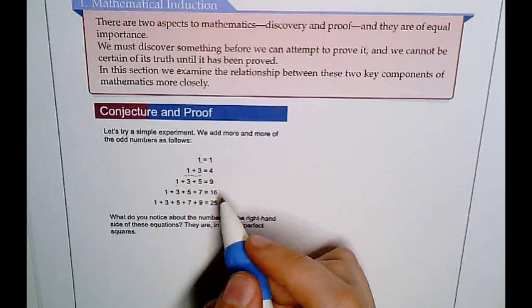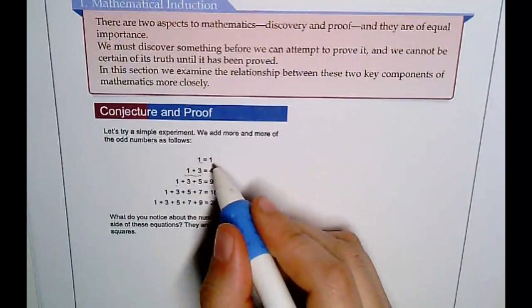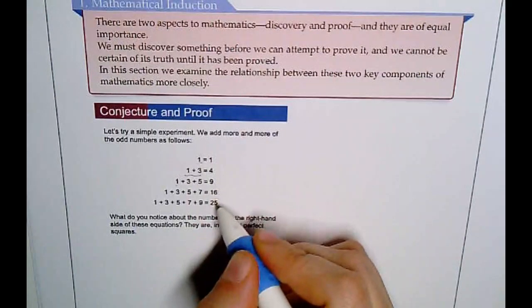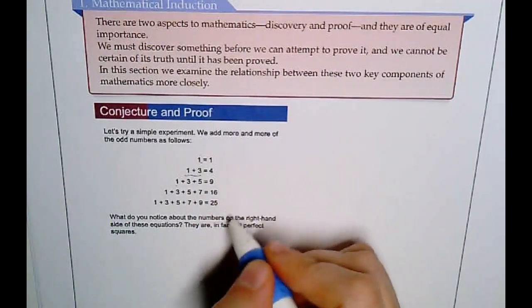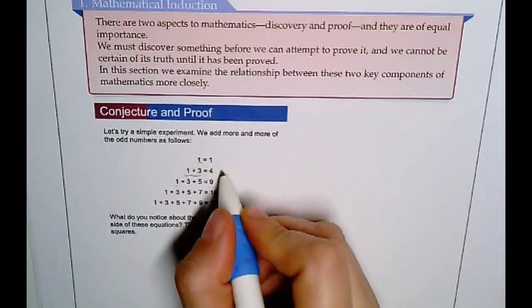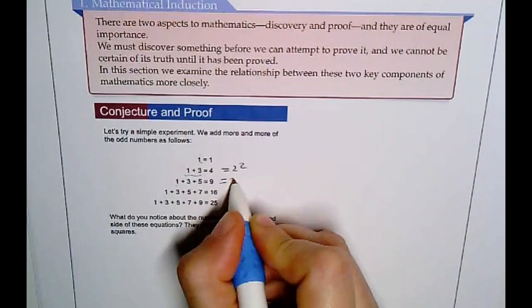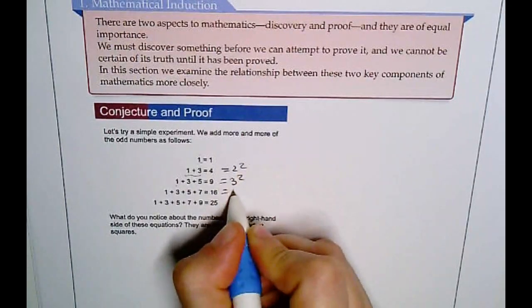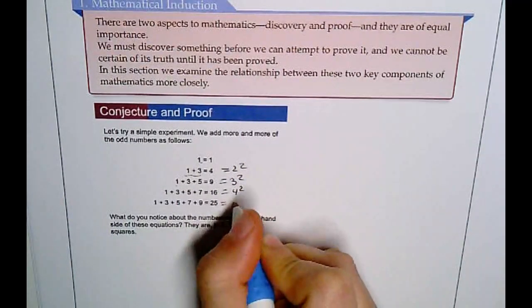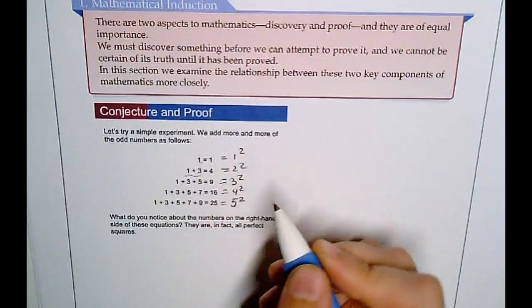So I notice that when I add the odd numbers, I get 1, 4, 9, 16, and 25. And I can tell that on the right-hand side, these numbers are actually perfect squares, because I recognize that 4 is 2 squared, 9 is 3 squared, 16 is 4 squared, 25 is 5 squared, and 1 is just 1 squared.